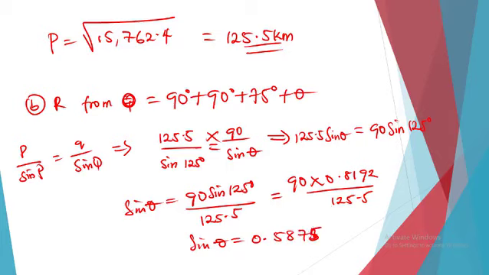So sine theta is equal to this times this divided by this, which gives us 0.5875. So to find the value of theta, we take theta to be equal to the sine inverse of 0.5875, and then we have 35.98 degrees.